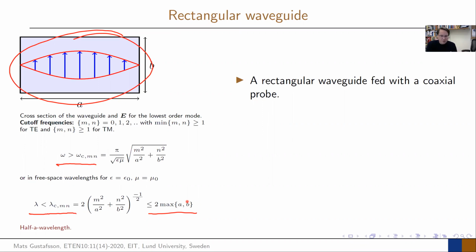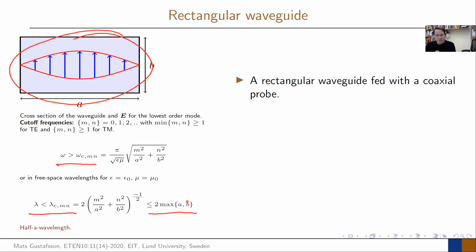If the wavelength was longer than that, no propagating field exists inside of this waveguide. So by looking at the size of the waveguide, we can say what kind of wavelengths can exist inside of it. Horn antennas and all of these antennas are designed to have the lowest order mode.